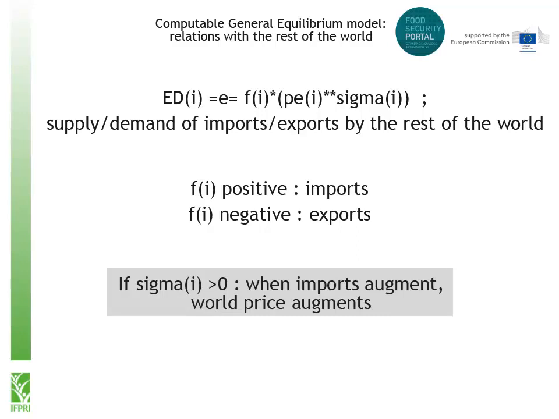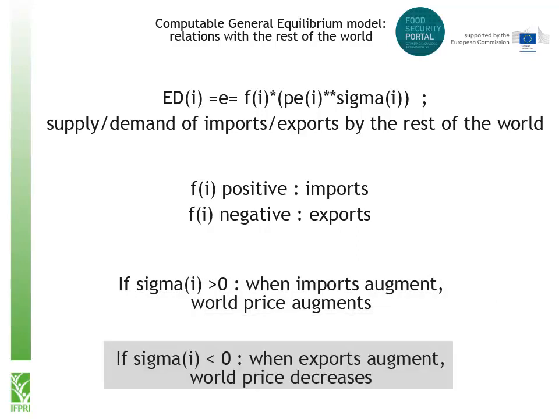And finally, I would like to explain sigma, which can be either positive or negative. And this is exactly the same thing. If sigma is positive, we've got in sector i imports, that is to say ED is positive. And why is sigma positive? This is because when imports augment, the world price augments. That is to say, when ED augments, PE augments.